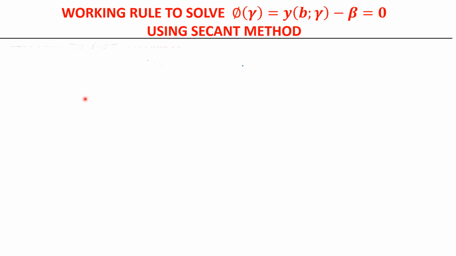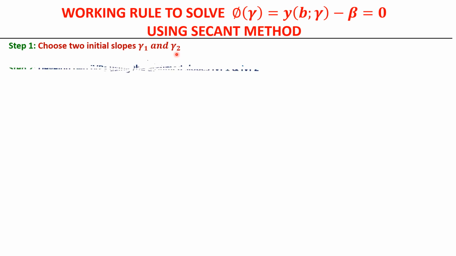The first step is to choose two initial slopes. As I told you, there could be a way, either a physical situation based on the problem to define it, or it is a mere guesswork of choosing the two slopes. Then I develop the two initial value problems.